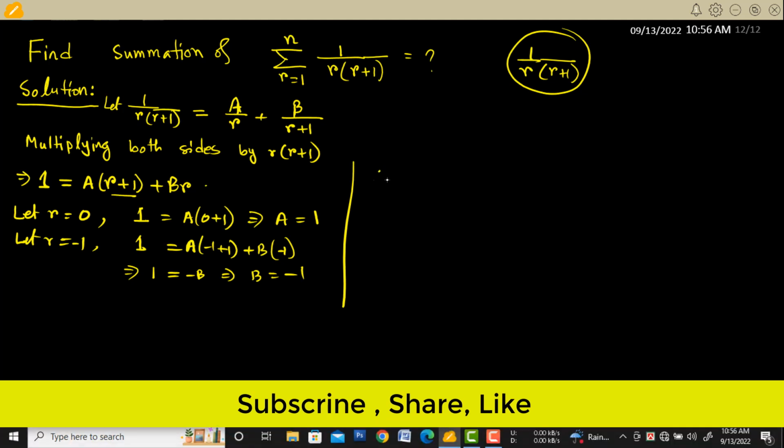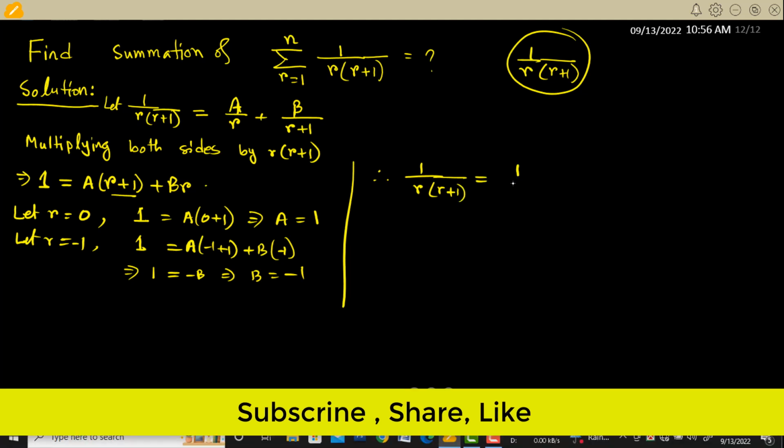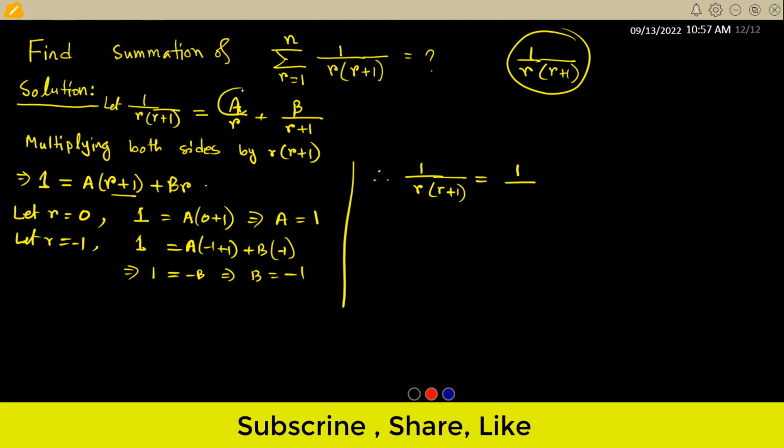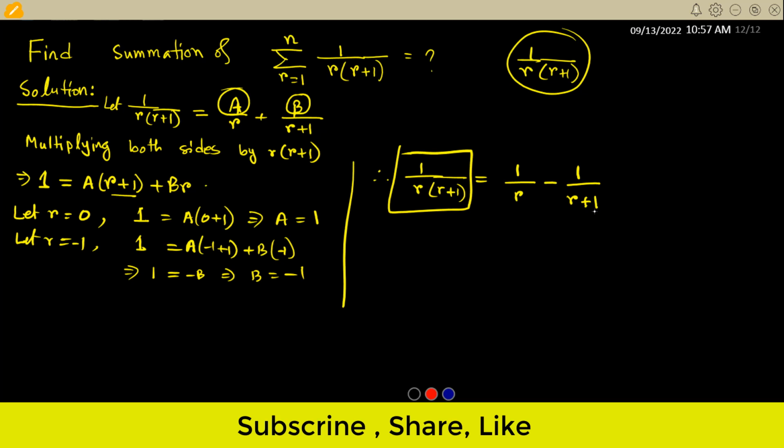So the expression 1 by r into (r plus 1) can be expressed by substituting the values of a and b: 1 by r minus 1 by r plus 1. So we can write this expression as 1 by r minus 1 by (r plus 1).